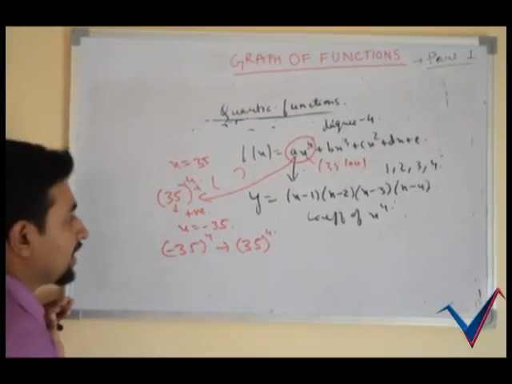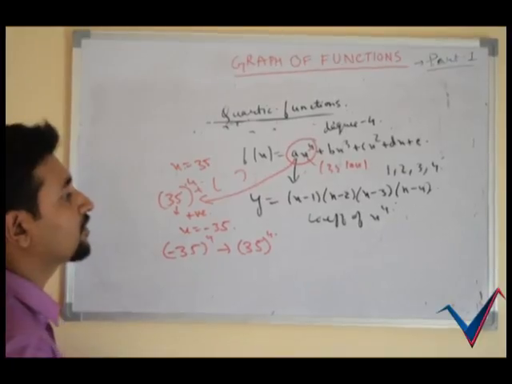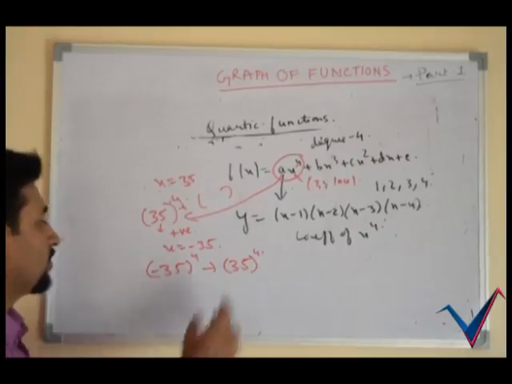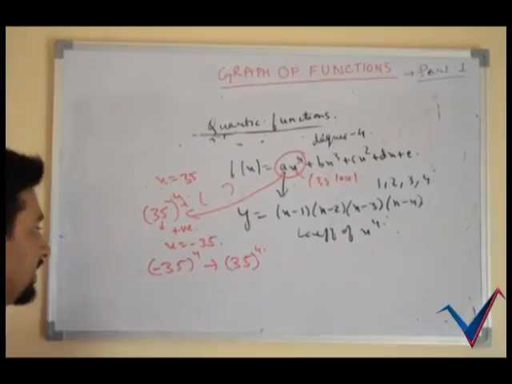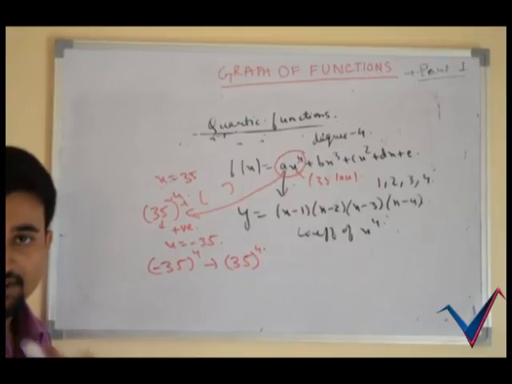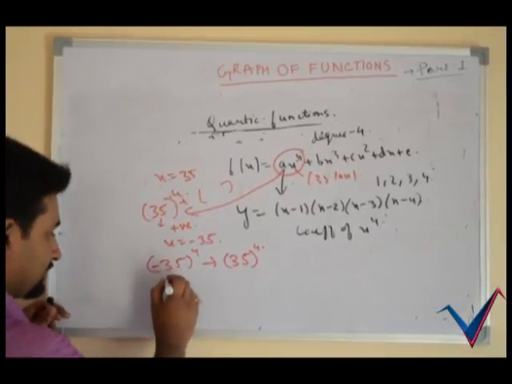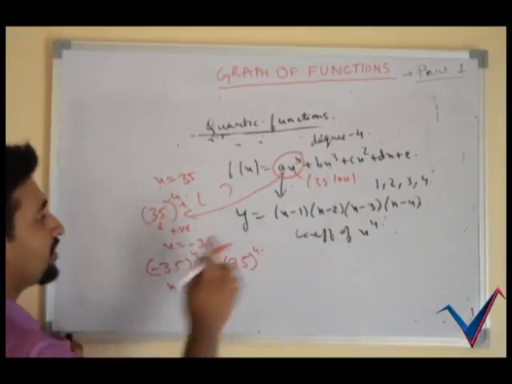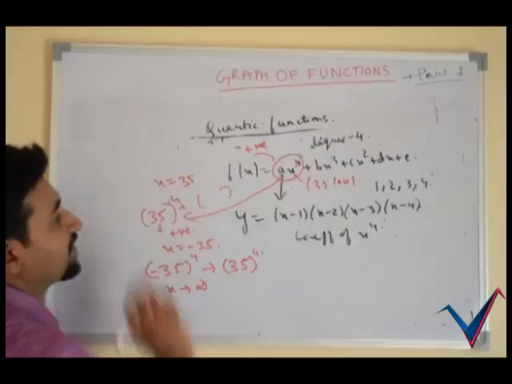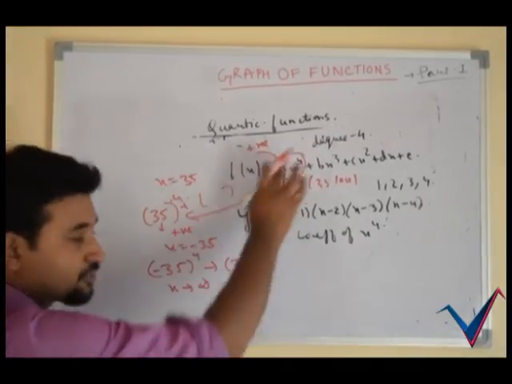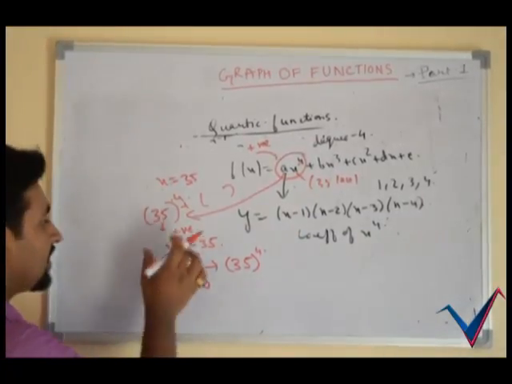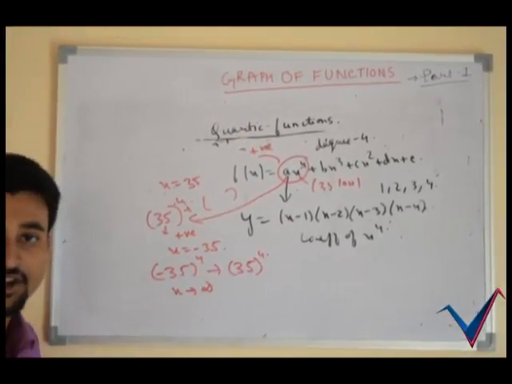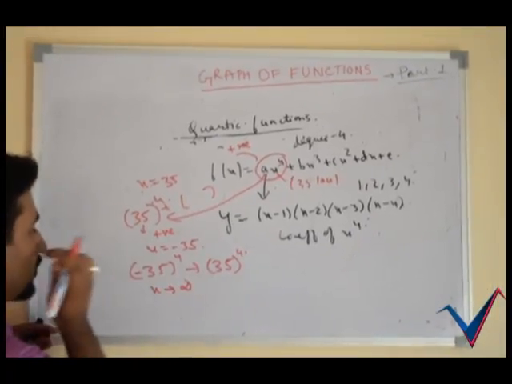So when the coefficient of x to the power 4 is positive, 35 to the power 4 is also positive. Basically, for a very large number, when the coefficient of x to the power 4 is positive, if x is a very large positive number, tending to infinity, then y will be positive only.